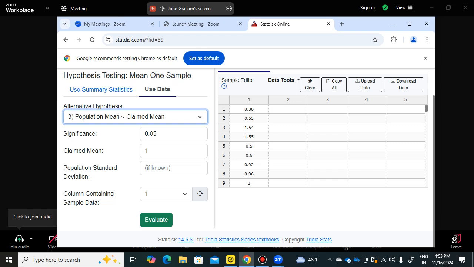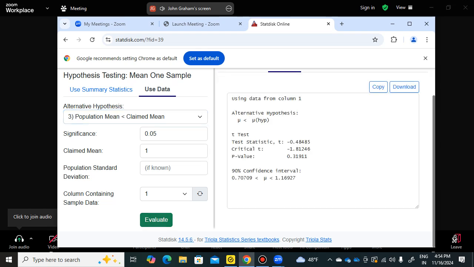Alright, so we evaluate, and we get a test statistic equal to negative 0.485, a critical t of negative 1.81, and a p-value equal to 0.32.